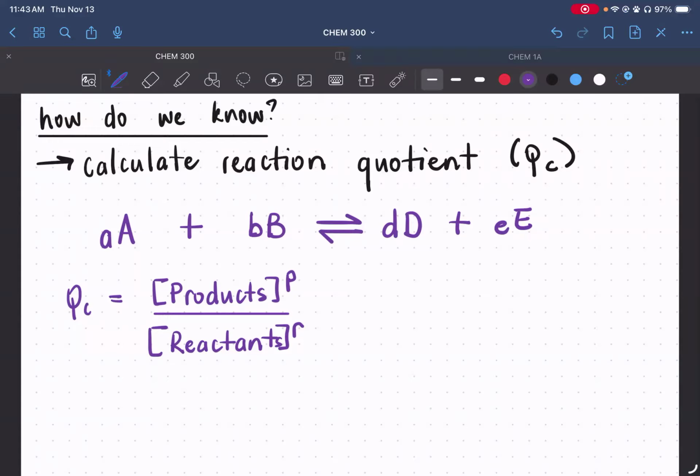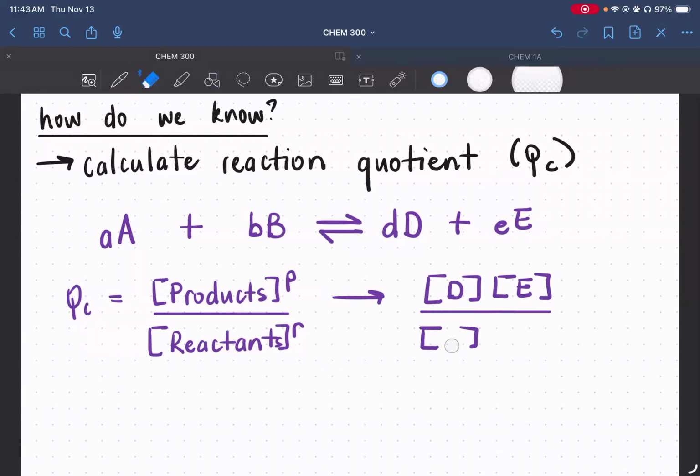What does this mean in the case of this generic reaction? Well, like I said, we're going to have the products on top, in this case, D and E. We're going to have the reactants on the bottom, in this case, A and B, raised to the power of their stoichiometric coefficients, in this case, the lowercase a, b, d, and e.